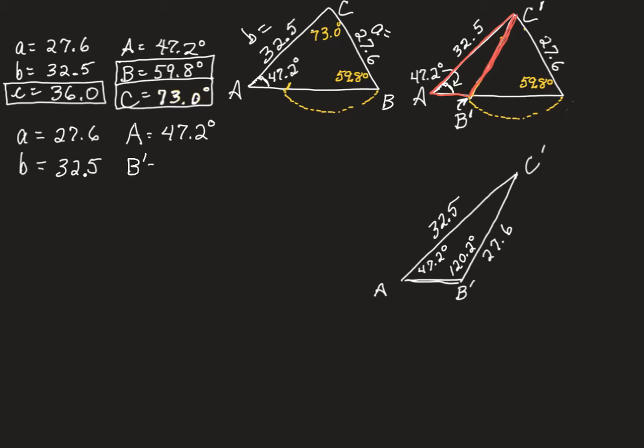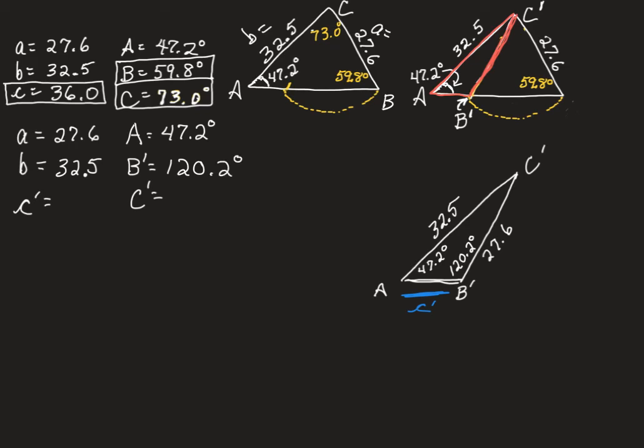B prime has changed, or B has changed to B prime. C has changed, and also the length of C down here has changed, so that has to be expressed as a small c prime. Thankfully, we don't have to do quite as much work now, because if you look at the last diagram I drew, we know it's equal to 120.2 degrees, B prime.